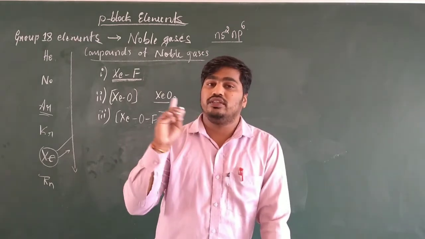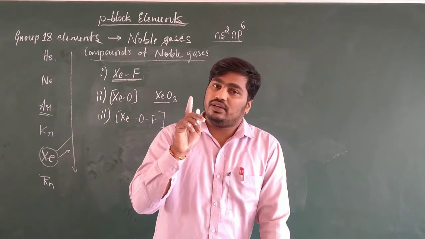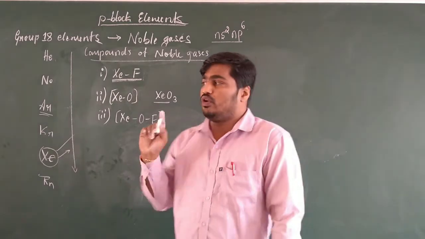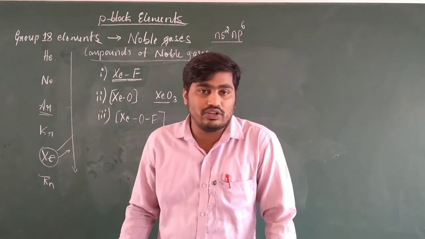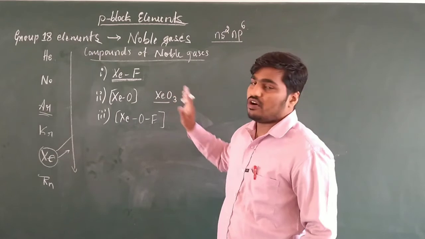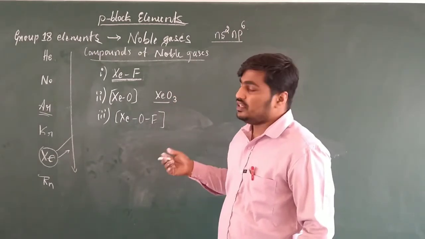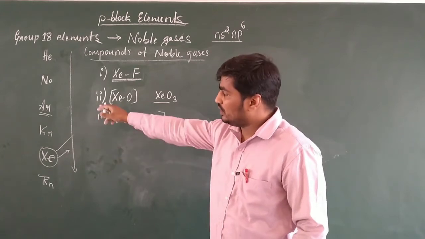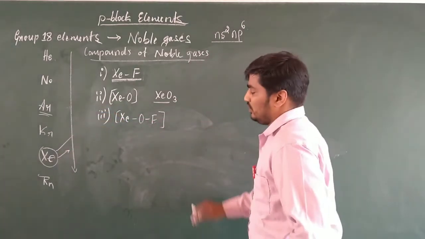In the last class I gave one homework, that is hybridization of interhalogen compounds. Now hybridization of these compounds, xenon oxides and xenon fluoride compounds. Another one is the electronic configuration of argon, krypton, xenon, radon also.